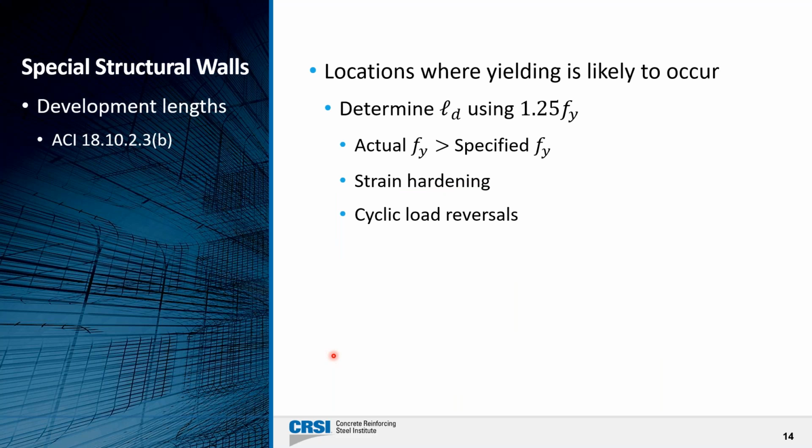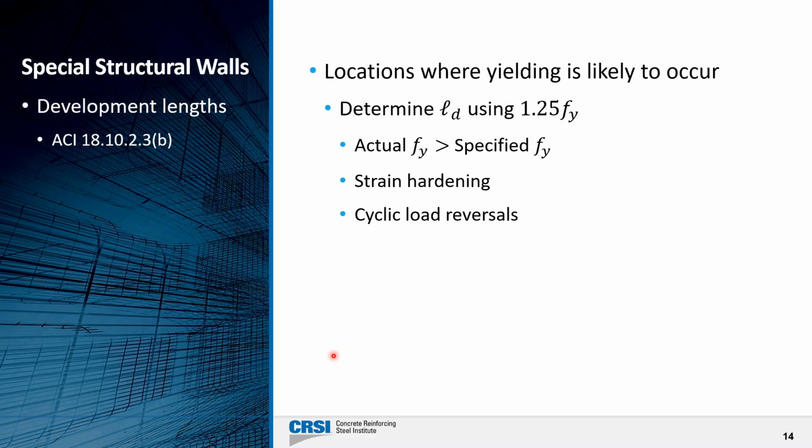Now, go into the B section in ACI 318: at locations where yielding is expected to occur, the tension development length has to be based on 1.25 times the specified yield strength of the reinforcement. Why is that?